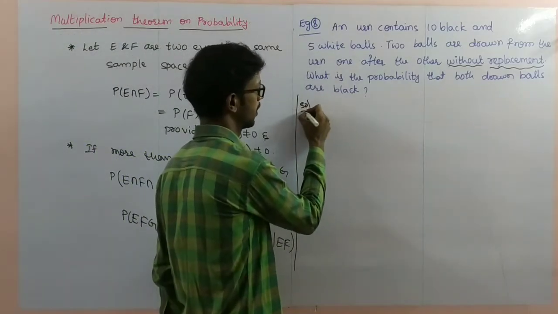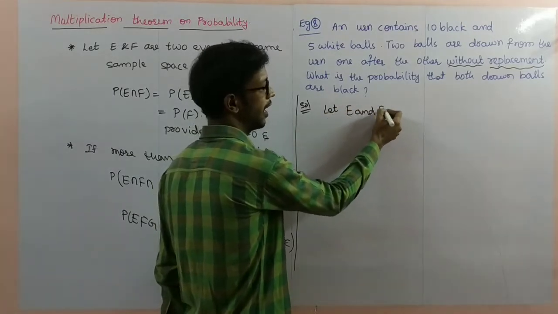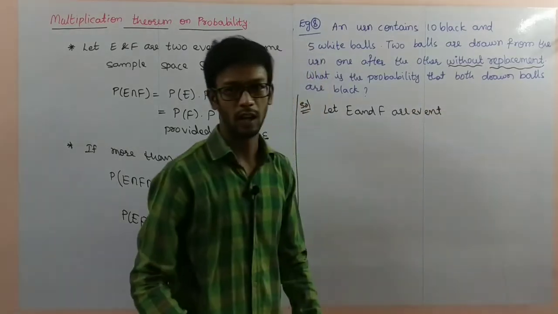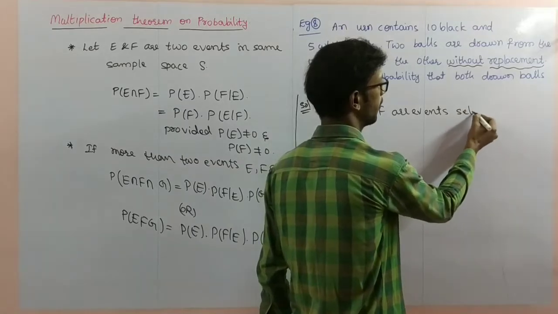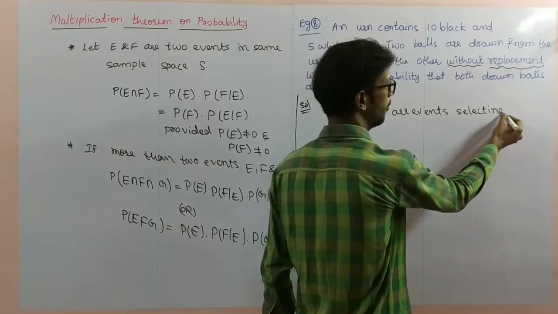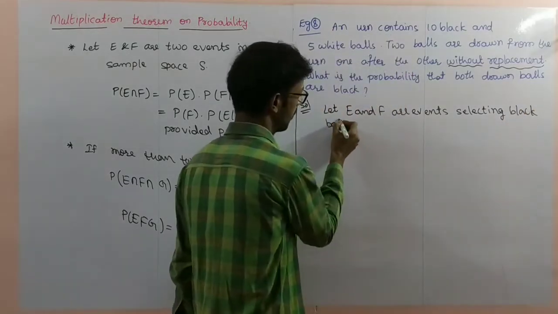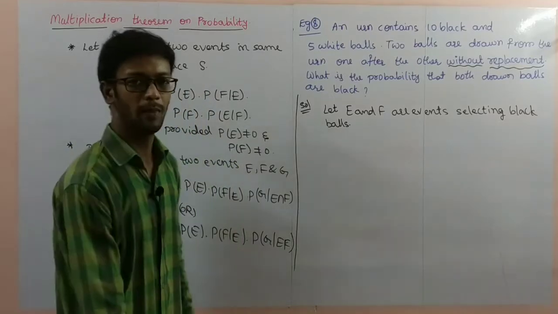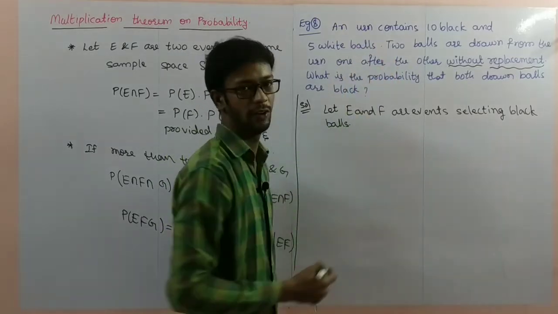Solution: let E and F be the events of selecting black balls. Here the total number of balls is 10 plus 5, which is 15.